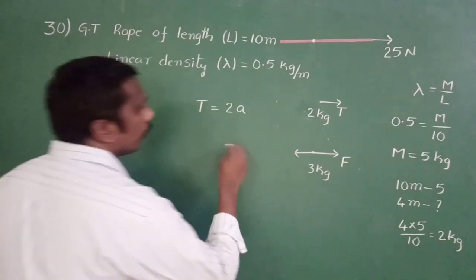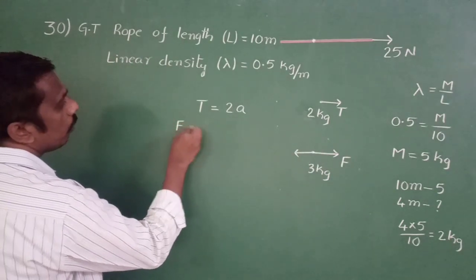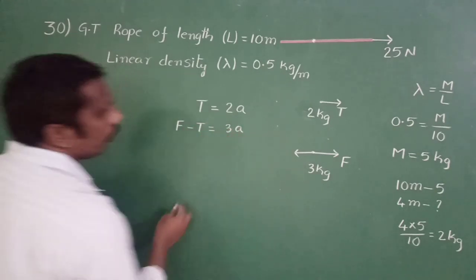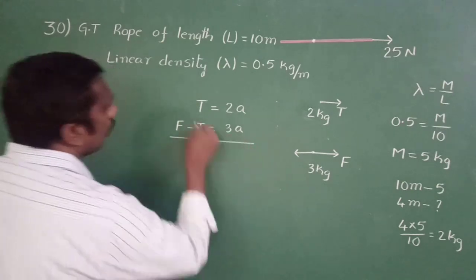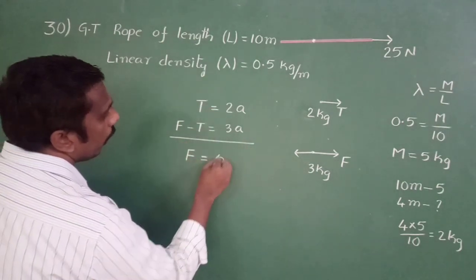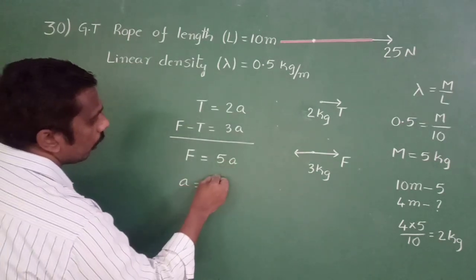Write the equation. Force is acting towards the left. F minus T is equal to 3 into A. Simplify. T gets cancelled. F is equal to 5A. From this, A is equal to F by 5.